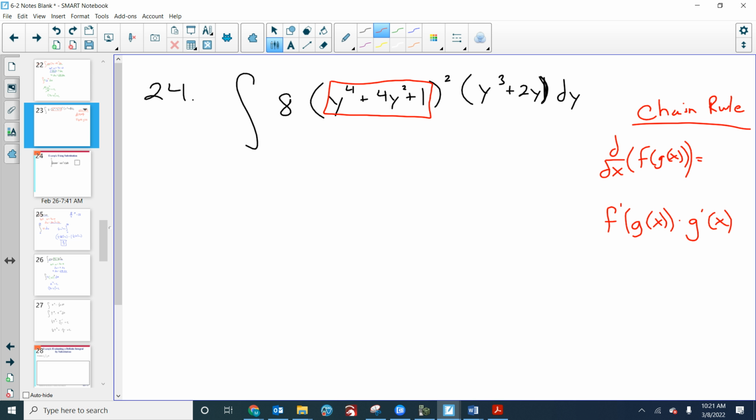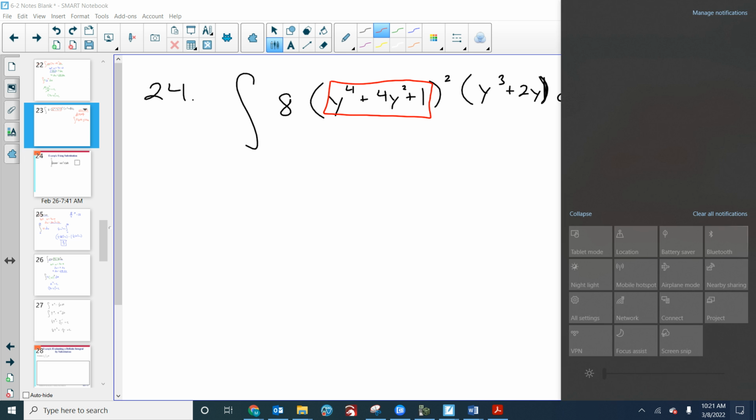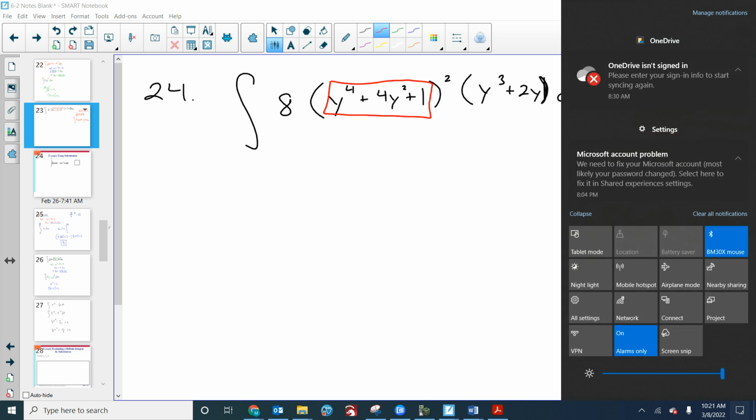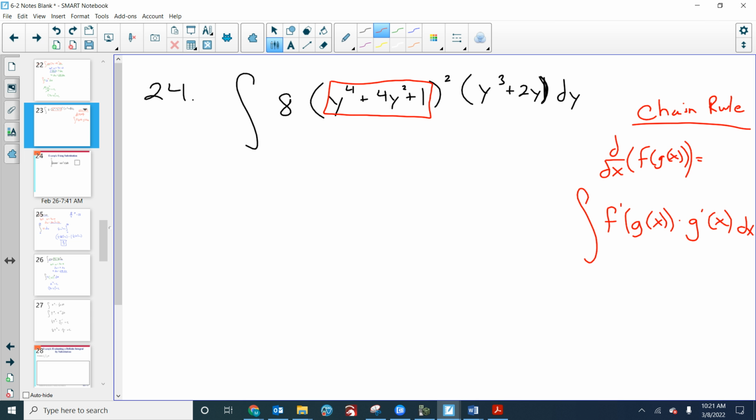In these rules, aren't we kind of looking for this? Does anybody understand what I'm talking about? Do you see a composite function?